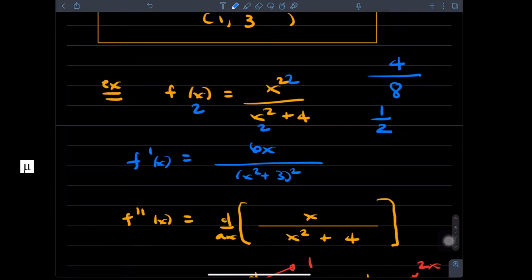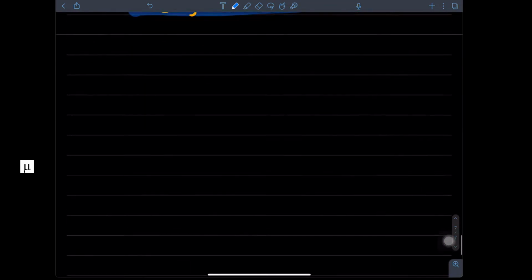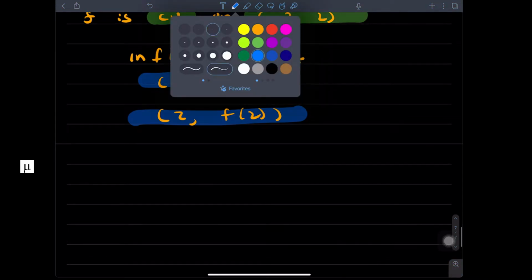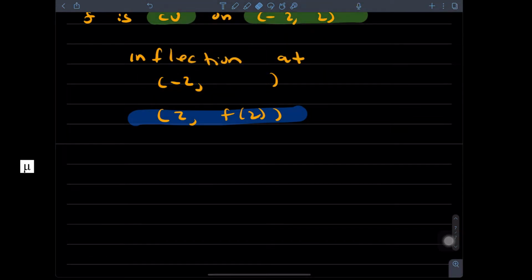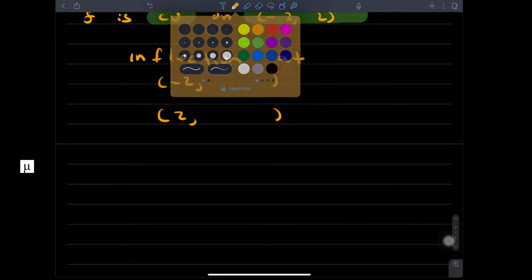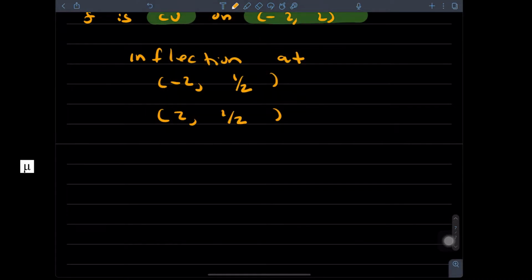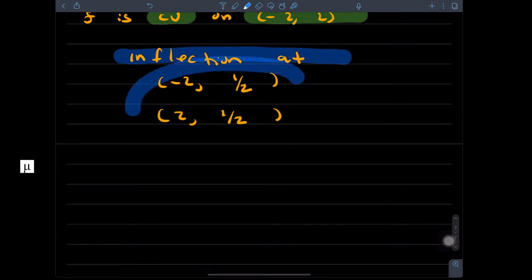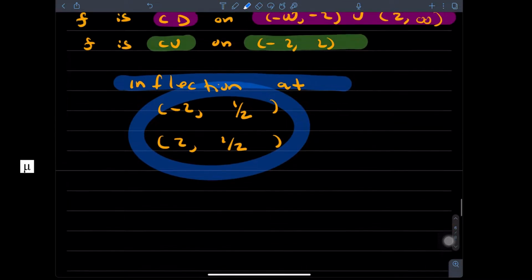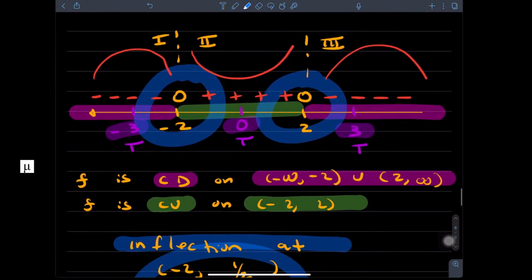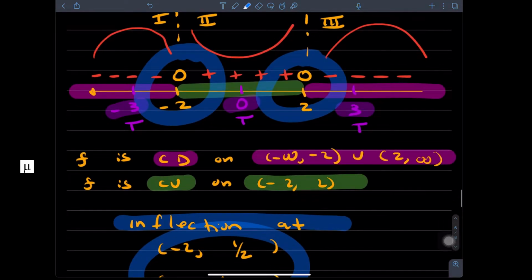So they're both going to be 1/2. What if you plug in a -2? Isn't it also 1/2? Okay. So in other words, this will be 1/2.